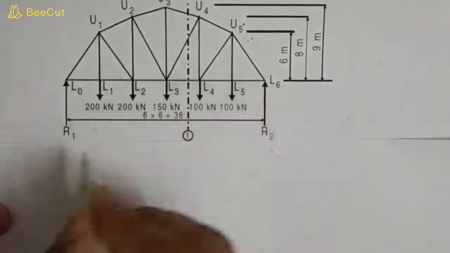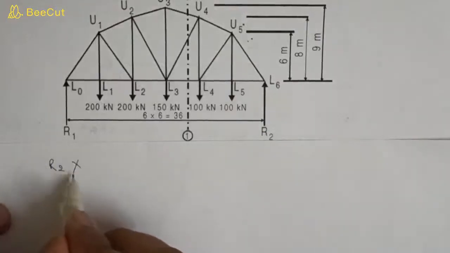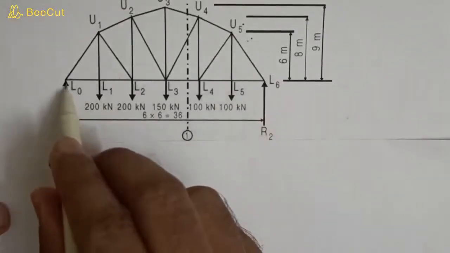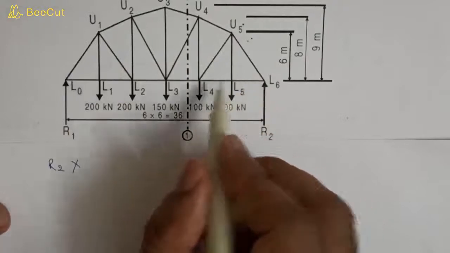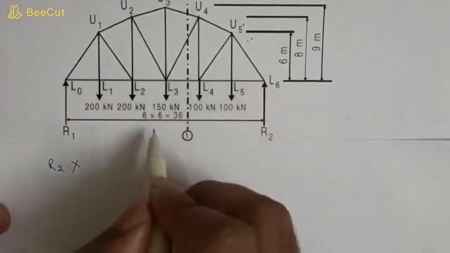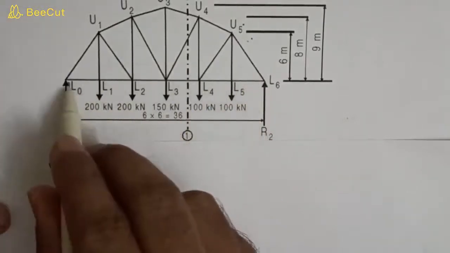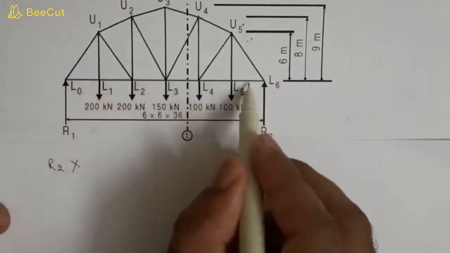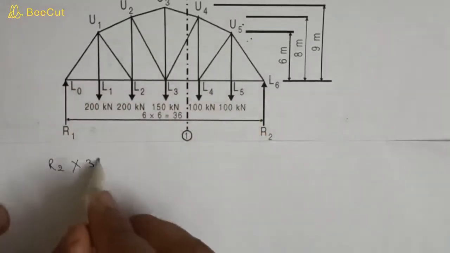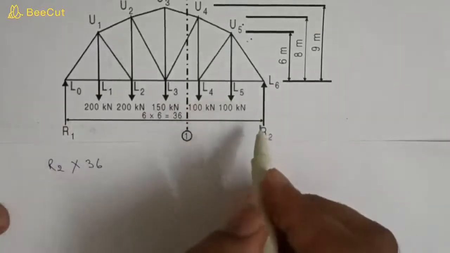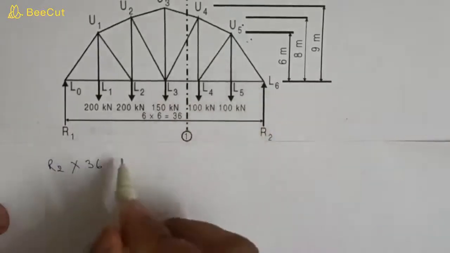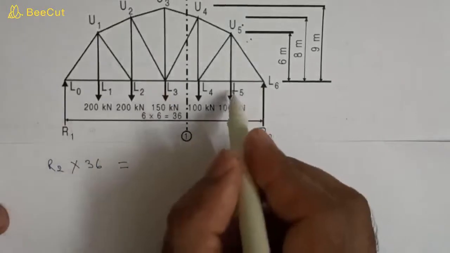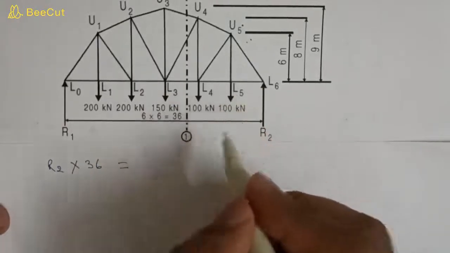So we can write R2 into the distance from L0 of R2, L0 to L6 is 36. Each member is 6 meter long, so there are 6 members, so it will be 36, and it is only an upward force, so it will be equal to 100. This is 100 kilonewton.